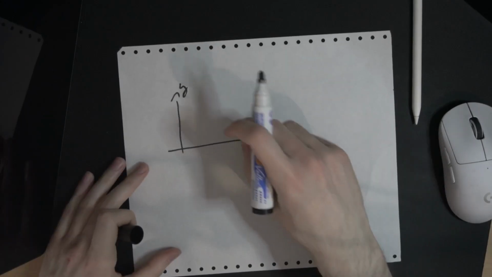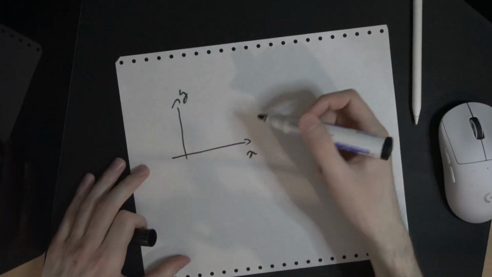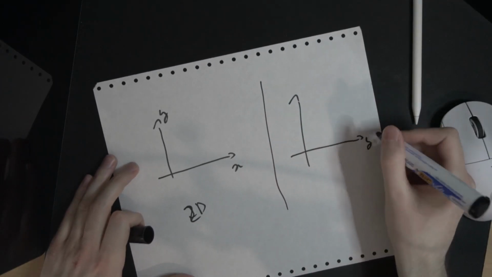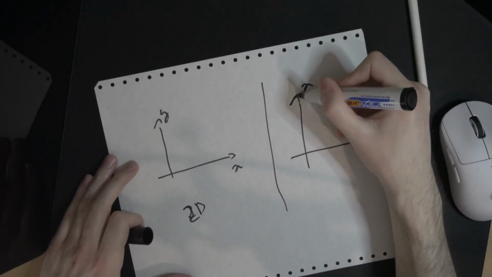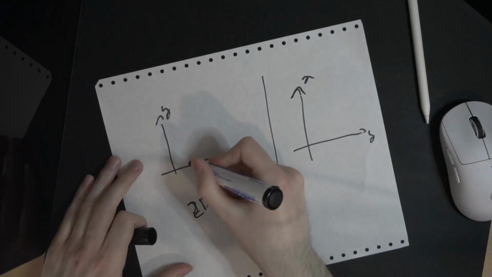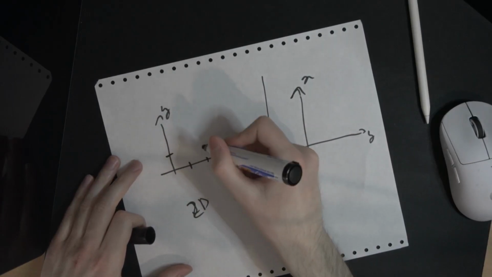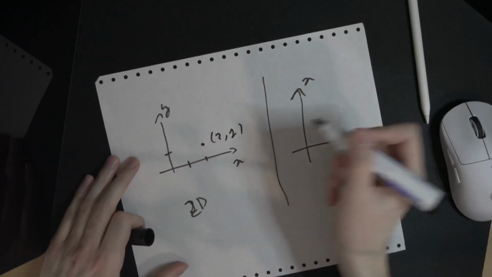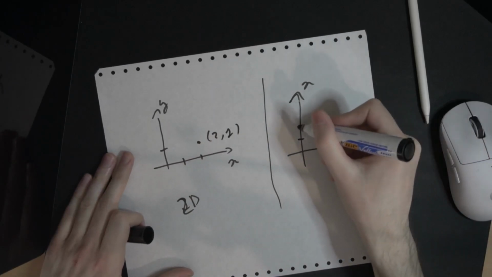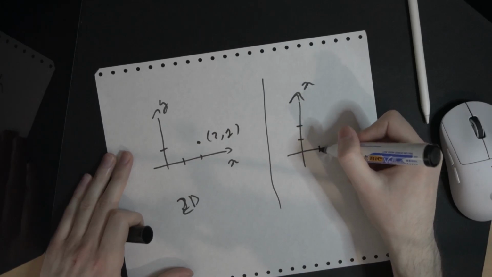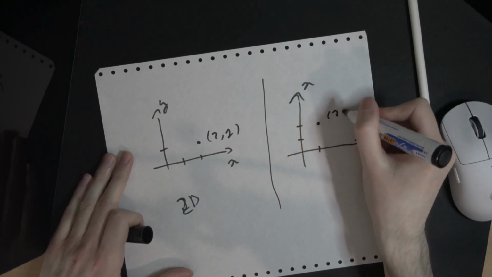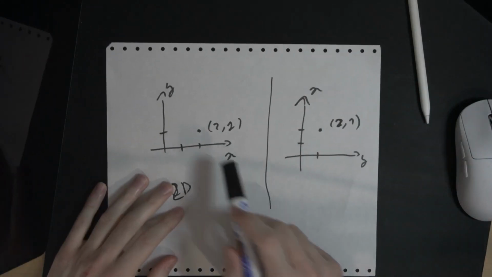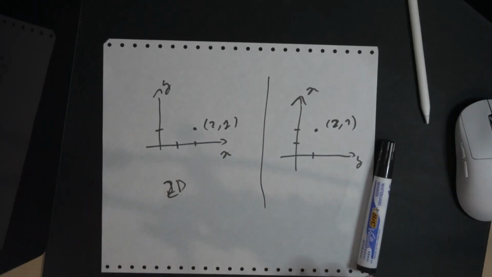If I say I got a point at position 2, 1, and then use the other plane where I put y here and x here, this is 2, 1, 2. We start with x and then y. It doesn't look like it's the same point, but it kind of is.